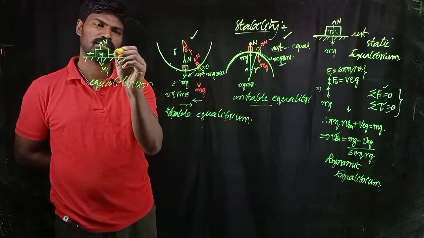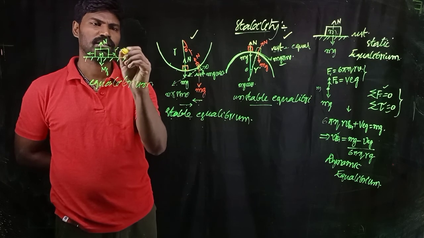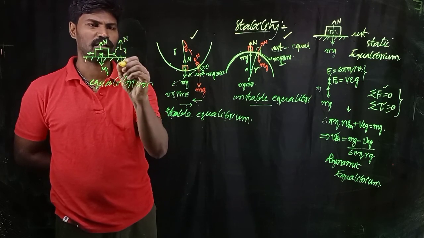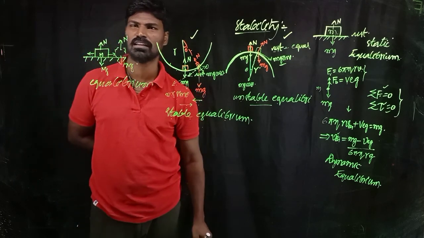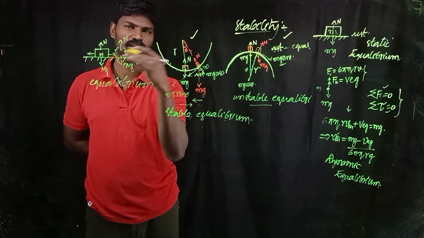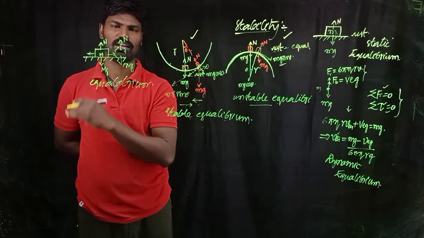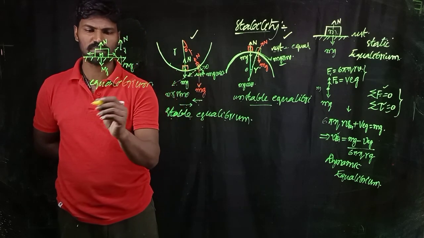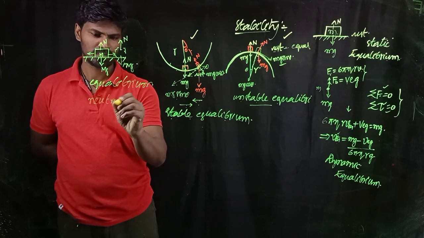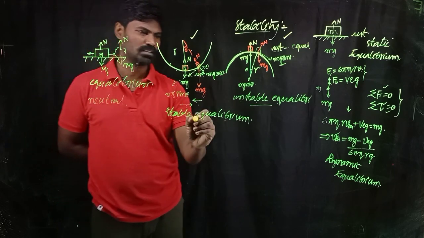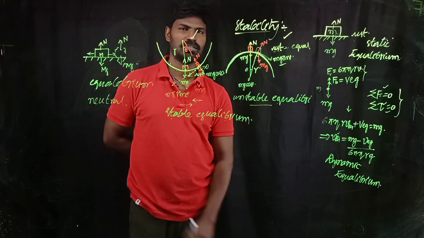At some arbitrary position like this, here also upward N and downward mg counterbalance each other, because of which the resultant force acting on it is zero. So it will move neither to the right nor to the left, because of which this equilibrium is called neutral equilibrium. This is neutral equilibrium, this is stable equilibrium, this is unstable equilibrium.